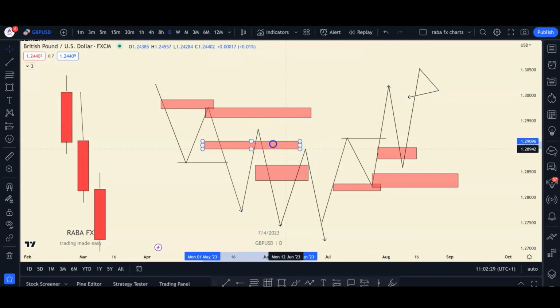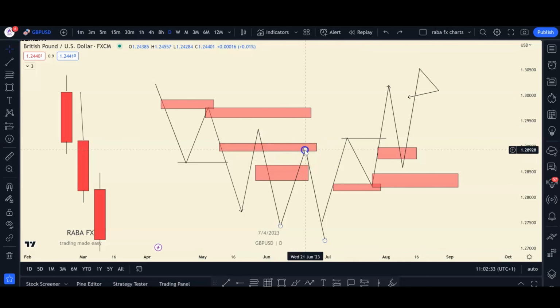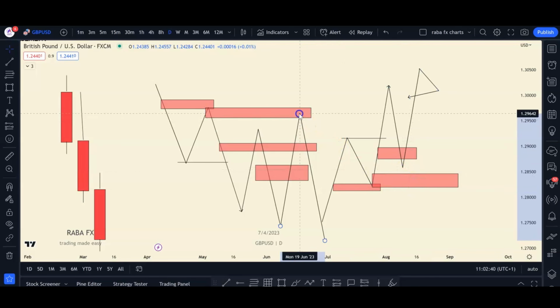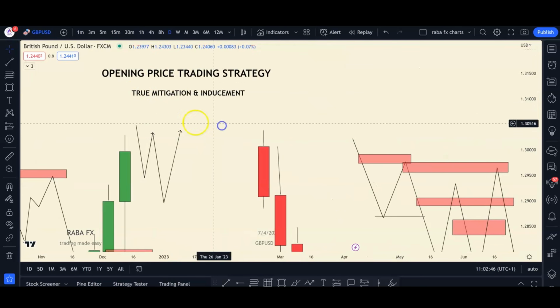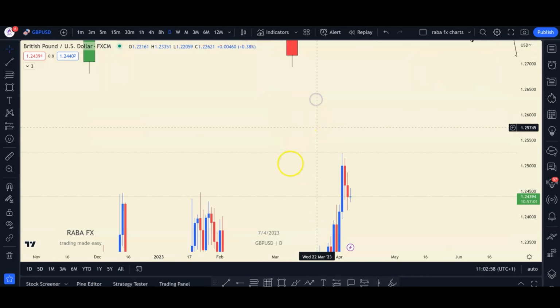So price will need to take out that high or that low, mitigate the origin, and then move to the downside. So this is what I want to show you, the power of the opening price. This is what I do most of the time to refine my point of interest in order to get a true mitigation. Okay, a good example, let's go to the chart.